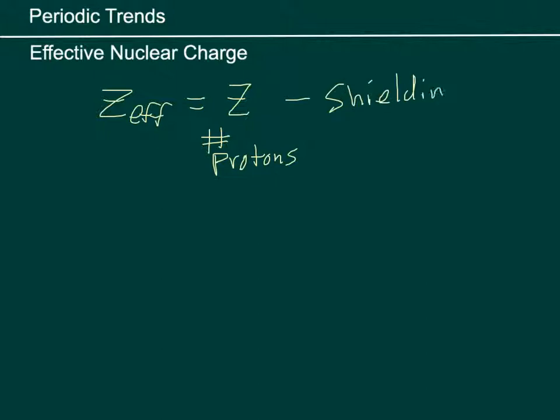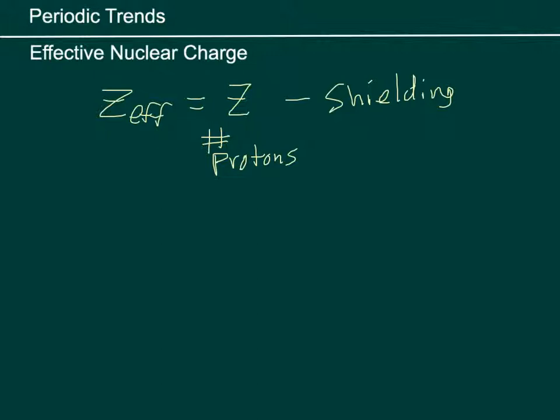If you are sodium and you're the last outermost electron, sitting in that 3s orbital, the 2s, the 2p, and the 1s have all been filled, and all those electrons are at least part of the time in between you and the nucleus. So while there's 11 protons pulling on you, those other 10 electrons in the atom are consistently sort of in the way and therefore shielding you somewhat.